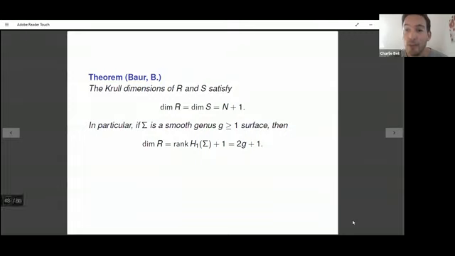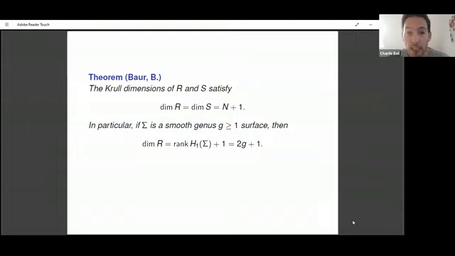Okay, so this theorem now tells us how the topology of the surface is related to the algebra. The Krull dimensions of R and S are equal, and equal to n+1, where n was half the number of sides of the polygon.